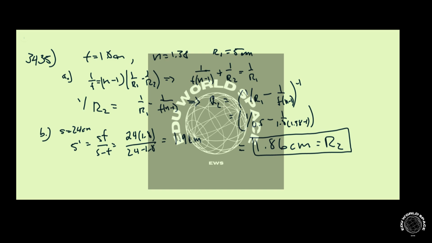And we want to know what is the height of the image, and if it's real or virtual, and erect or inverted. Cool. So that's part C. So for part C here, we can figure out what the magnification is, and we know that that's going to be negative S prime over S, and that equals Y prime over Y. We rearrange that, we see that Y prime, the one we're trying to figure out, is equal to negative 1.9 centimeters over 24 centimeters times 8 millimeters.